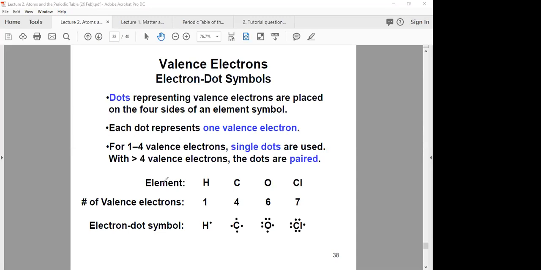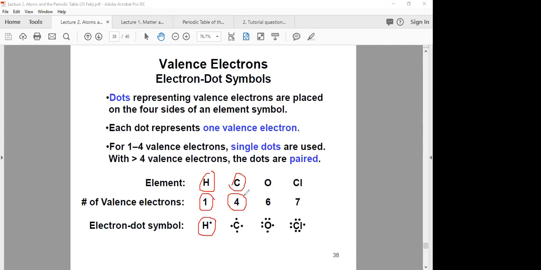There we go. So here's the example, hydrogen, which has 1 valence electron, and here's the electron dot symbol. 1 dot represents that 1 valence electron. Next example, carbon. Carbon is found in group 4A on the periodic table, so that tells us immediately that it has 4 valence electrons.